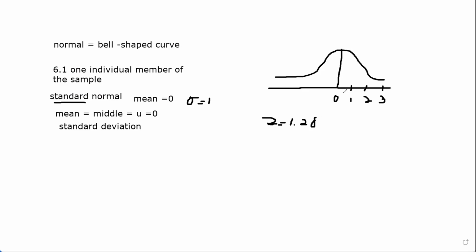So you'd be over here, and the area to the left is going to be something like this. You'd shade all that. That's the standard normal. My point though is that the mean is 0 and it's in the middle of this, right?